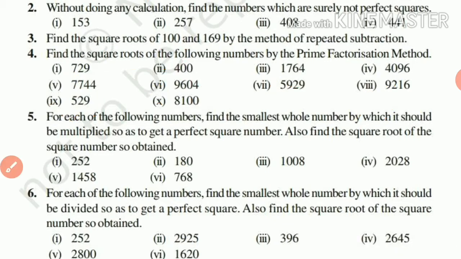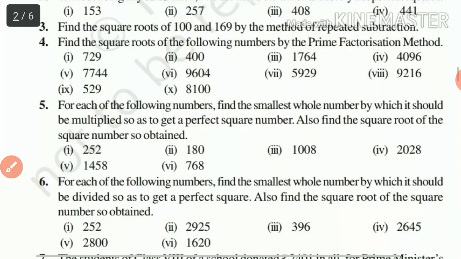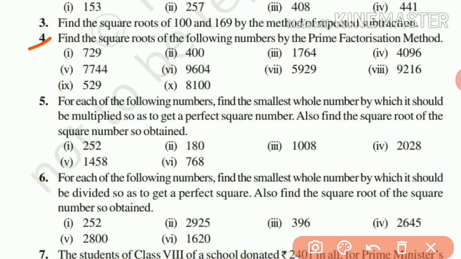Now let's go to the next question. The next question is to find the square root of the following numbers by the prime factorization method. Let's take the first, 729. We will factorize 729 like this.